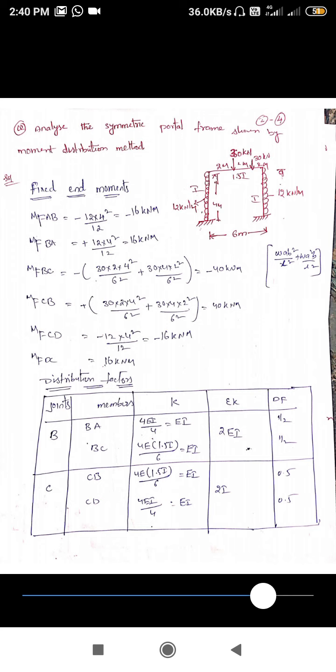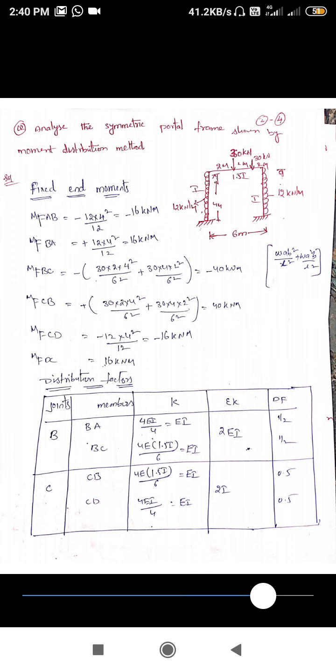The AB span has a UDL acting, 12 kN per meter, and the length is 4 meters. The BC span has point loads of 30 kN each, at 2 meters from the left and 2 meters from the right, with a total distance of 6 meters. Next, span CD also has a UDL of 12 kN per meter.